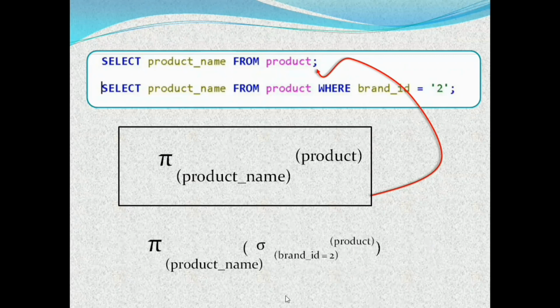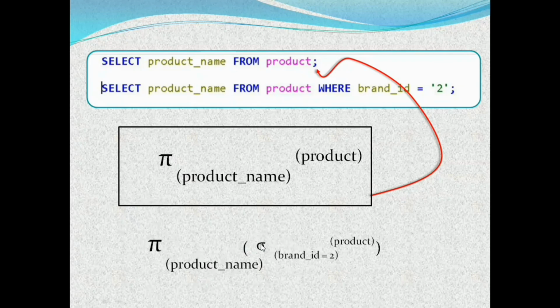So I will explain it once again. Projection operator, because we need to project this attribute name. So we project the attribute name using this phi mark or projection operator. You can use those two words for this symbol. And we are projecting this product name attribute from the product table, but we have an exact brand ID to find. So when we have an exact brand ID to find, we are using the sigma mark, that means the selection operator.